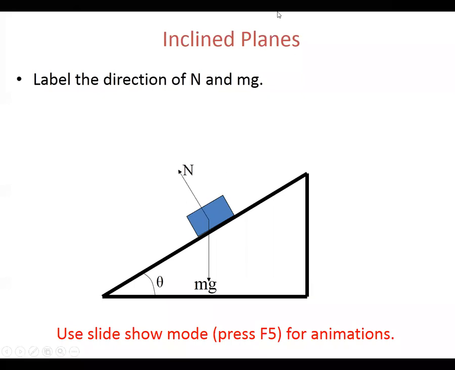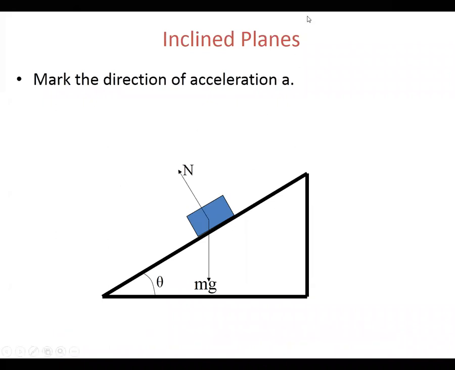The normal reaction is perpendicular to this, perpendicular to the inclined surface. That is why it is not in a straight direction. It has some angle because these two must be perpendicular to each other.